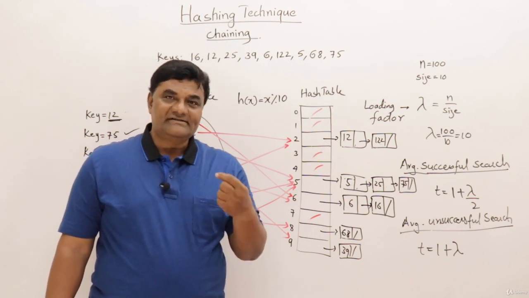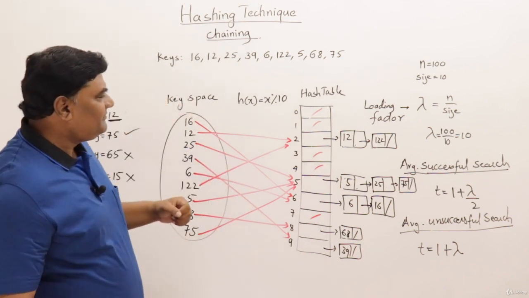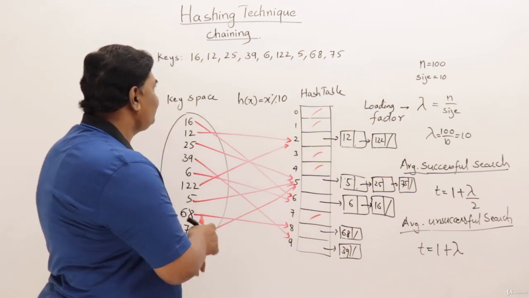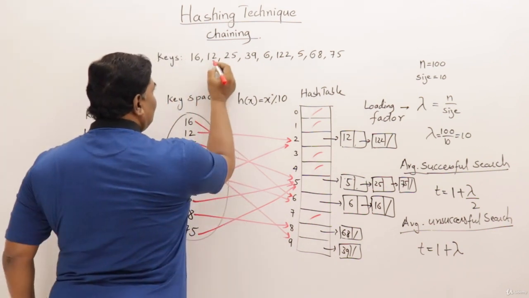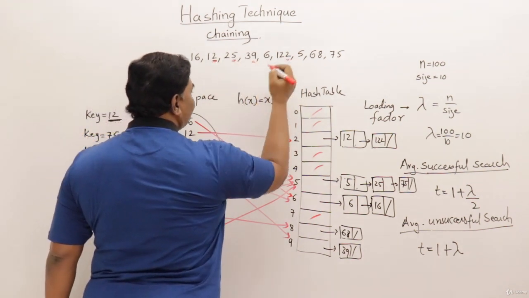Now a few important things in this one. See, the hash function need not be x mod 10. We are doing it based on the last digit.